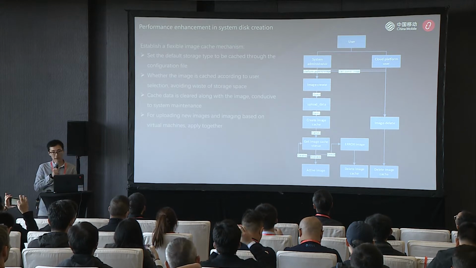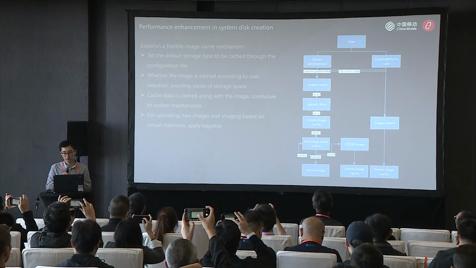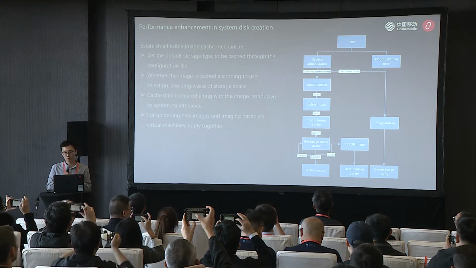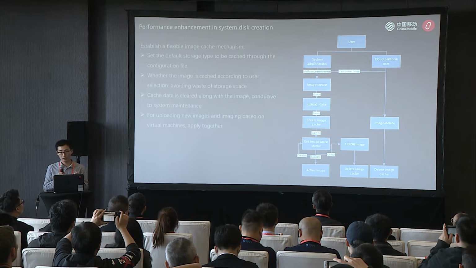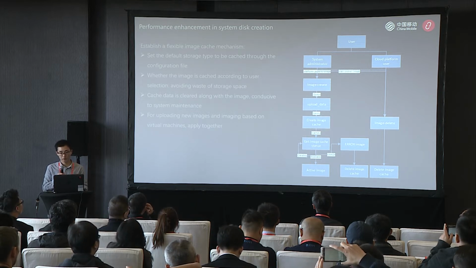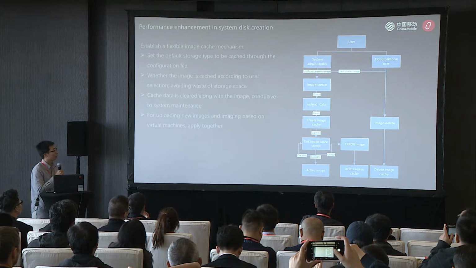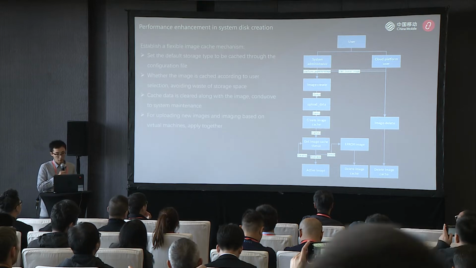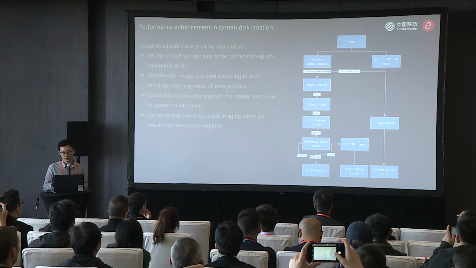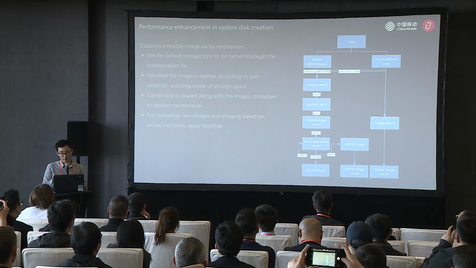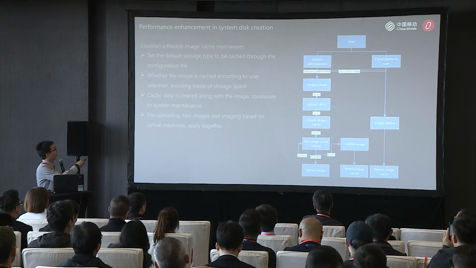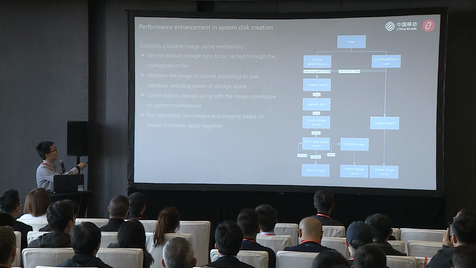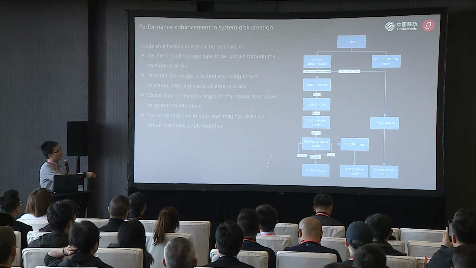First, we redefine the business structure. We make the volume image cache in the workflow of Glance image upload. You can get the detail from the right picture. The volume type for the system disk is set in the Cinder configuration file. We set all the source storage types in the Cinder API node.